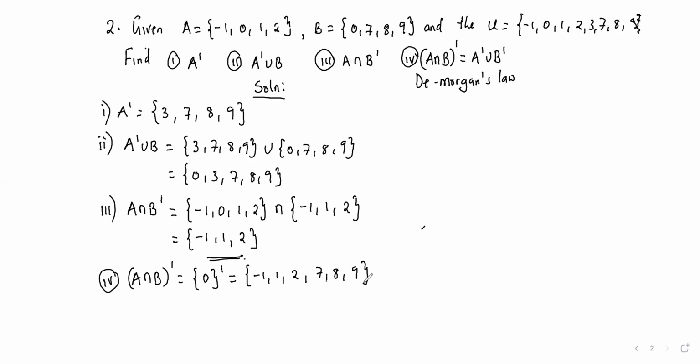Now let's go and get A complement union B complement. So A complement, we said it's 7. Well, there's a 3 also. So in A complement, we also need to put a 3 here.